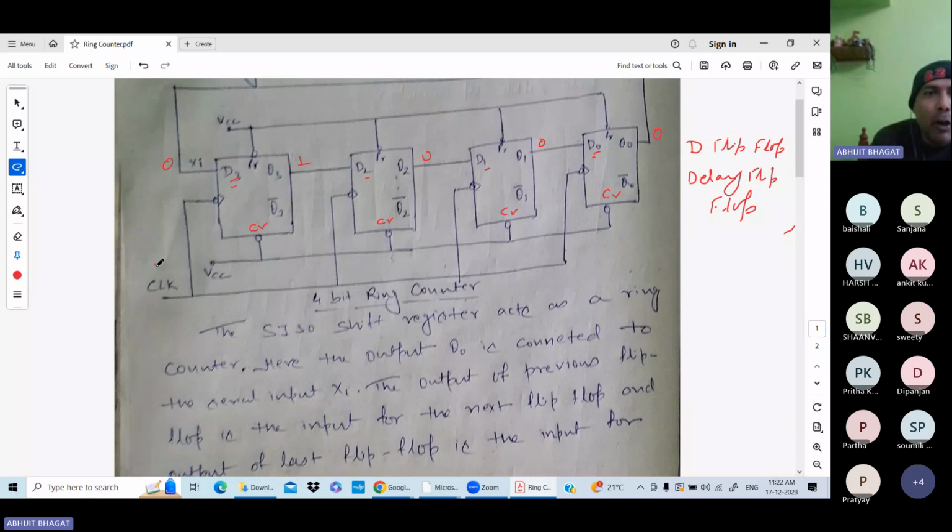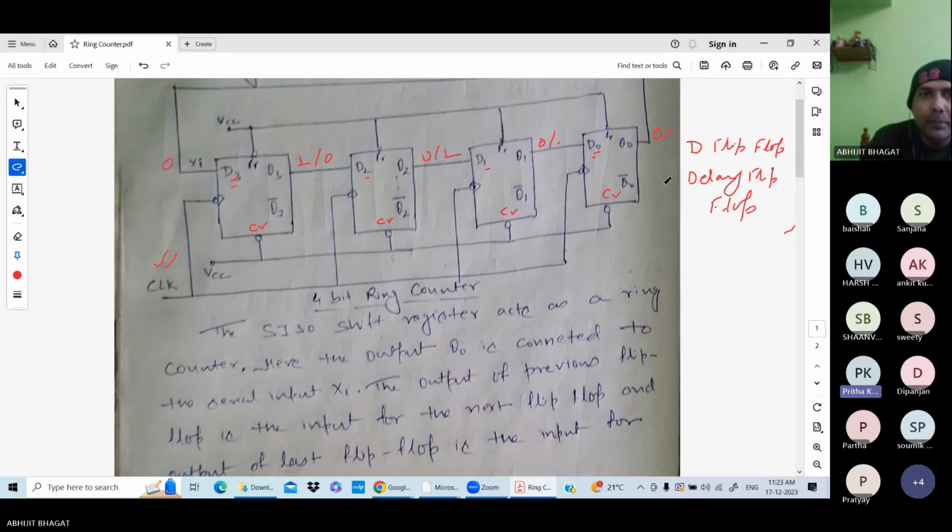Now when you supply the clock pulse, here it is 0, so it will be 0, and this 1 goes to this flip flop, so this will be 1, and the previous 0 is shifted here. Whatever the data is, this data is shifted by 1. Is it okay or not?